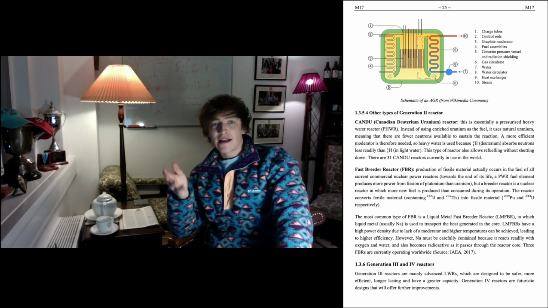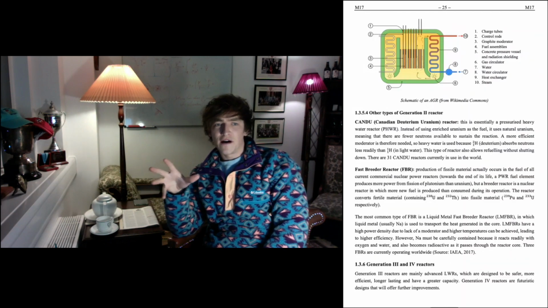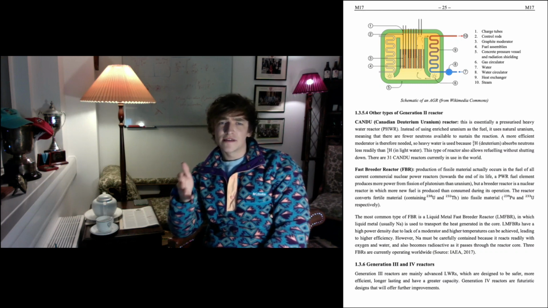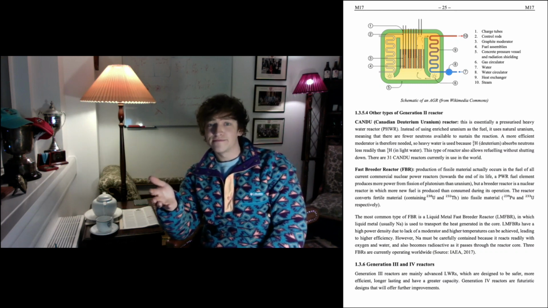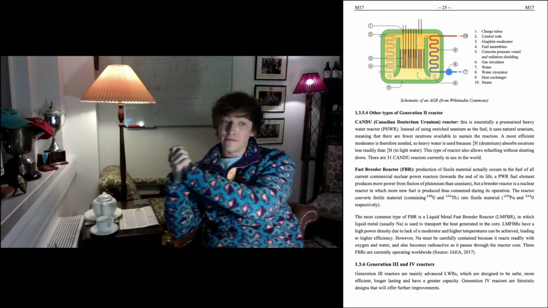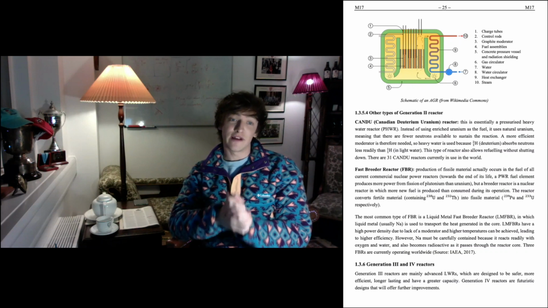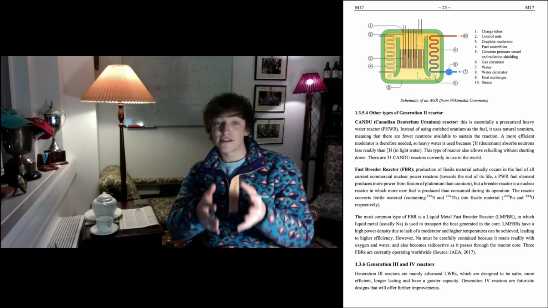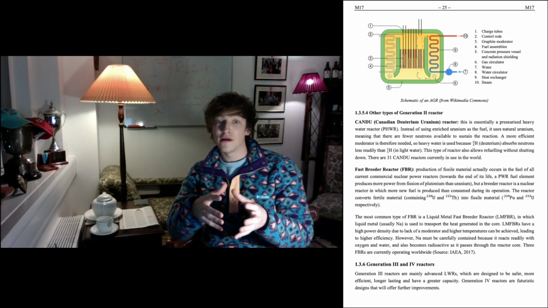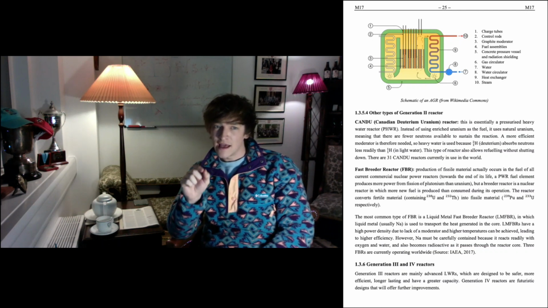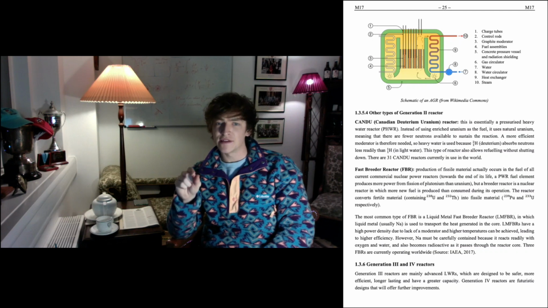So all the reactors that we've covered so far have been thermal reactors. But I've mentioned before that some reactors don't require a moderator, and they're called fast reactors. Or you may hear them being called fast breeder reactors. So called because they actually produce their own fissile material in the fuel, as we do in all commercial reactors, but a breeder reactor is one that produces more new fuel than it consumes during its operation.